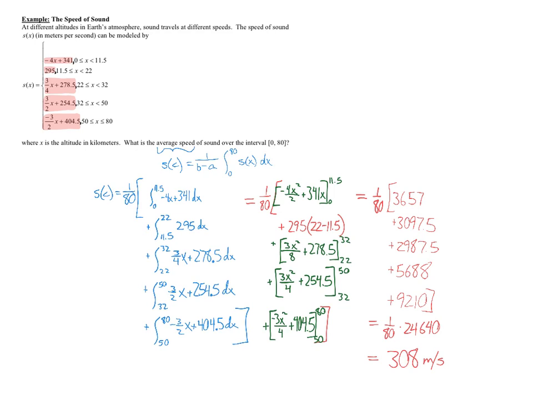So that's how we can find, in this case, the average value of a very complex function with multiple parts. You simply take the integral, multiply by 1 over b minus a, and there's your average value. So if we have a velocity function and we want to find the average velocity, we can take the integral from start to finish and multiply by 1 over b minus a.